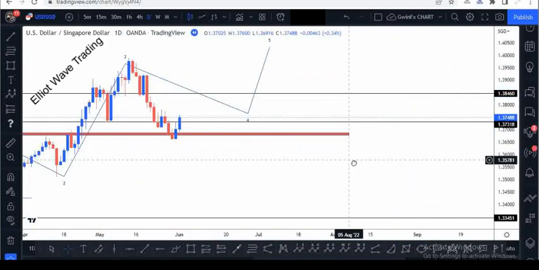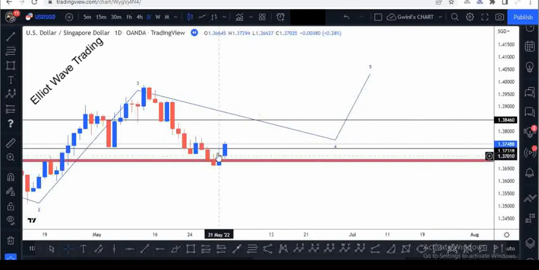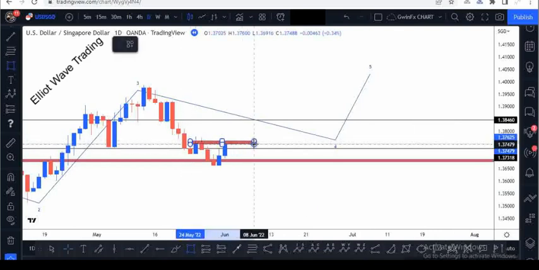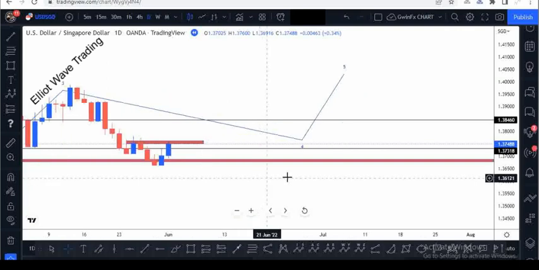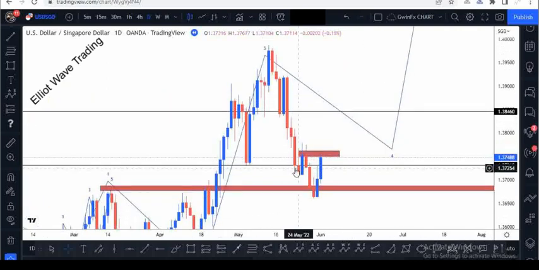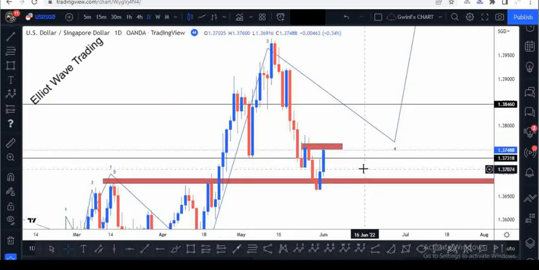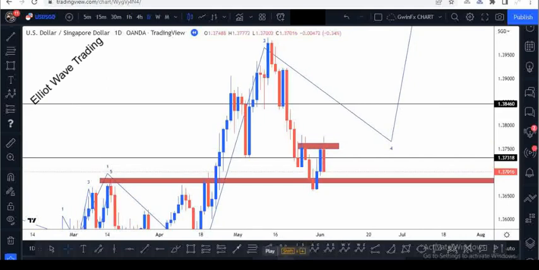Off this point here, I see a bullish candle, followed up by this one here. I'm going to put up a pending buy stop at the break of this one, and I also want to see a higher close of this previous structure. With a higher close, all right, I can take a trade off this one.